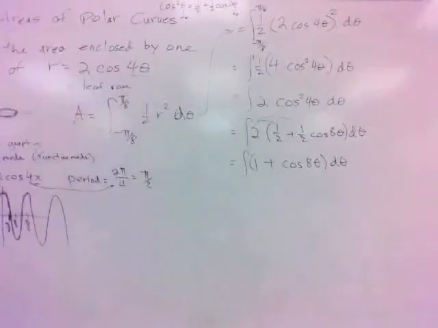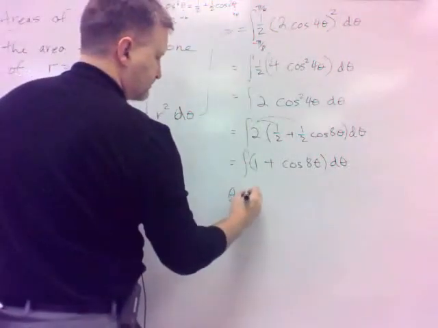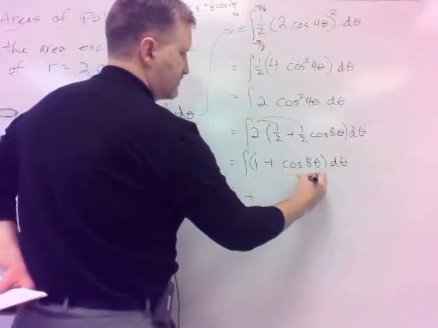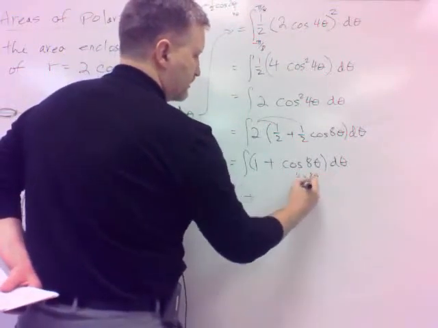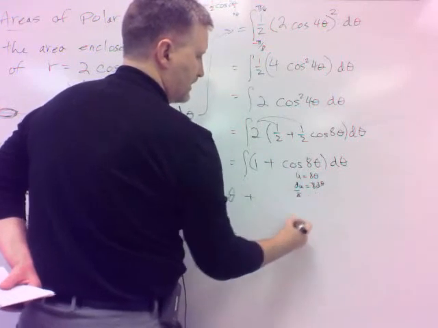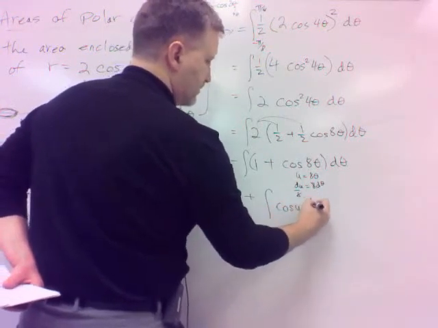So that's not too terribly difficult of an antiderivative. The antiderivative of that will just be theta, won't it? And then this will just be a little u substitution. u equals 8 theta, du equals 8 d theta. So this will be the integral of cosine of u times du over 8.